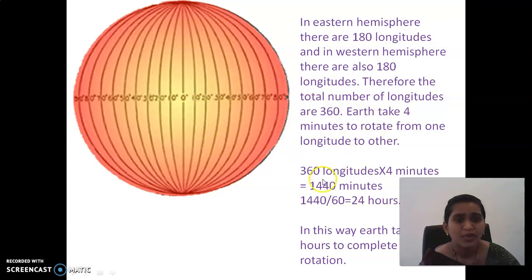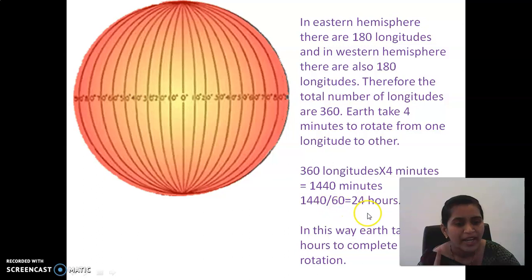So we have 360 longitudes, because 180 in the east and 180 in the west. 360 longitudes into 4 minutes, because it takes 4 minutes to rotate from one longitude to another, gives a total of 1440 minutes. 1440 minutes divided by 60 minutes is equal to 24 hours.